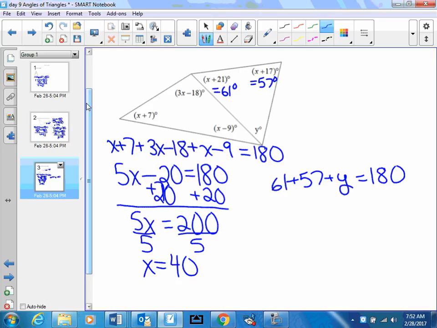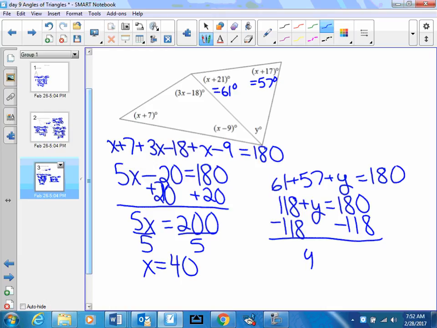Using my calculator to do that adding work, it's 118 plus y equals 180. Do my inverse, subtract 118. I get the value of y is 62.